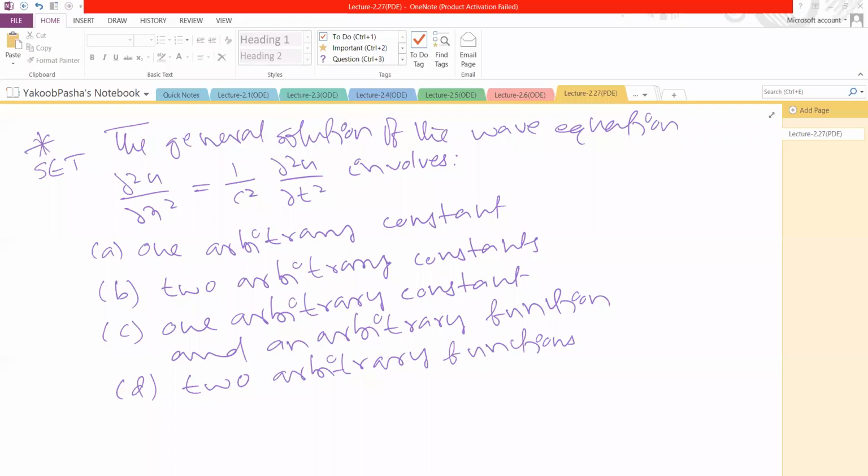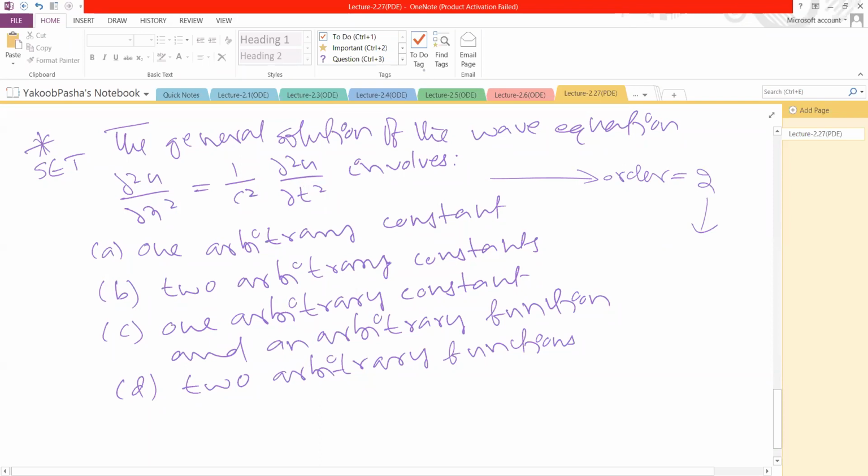Order of this differential equation is 2. So order is 2 means the number of arbitrary, it is not arbitrary constants, because it contains both x and t independent variables.